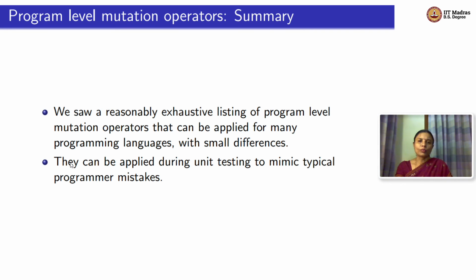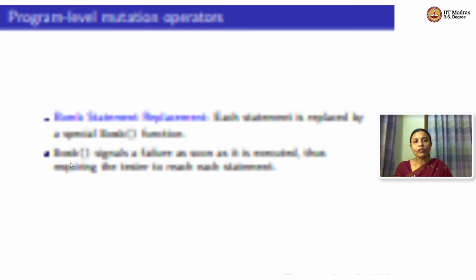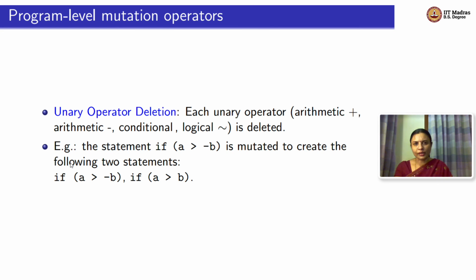So what did we do across all these slides? We saw a reasonably exhaustive list of mutation operators. So in general, if you have a method or a function that has a few lines of code, take a particular statement. In that statement, you could use any of these kinds of mutation operators that we saw.